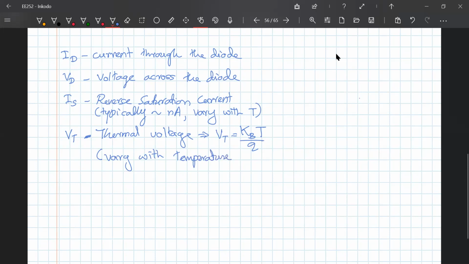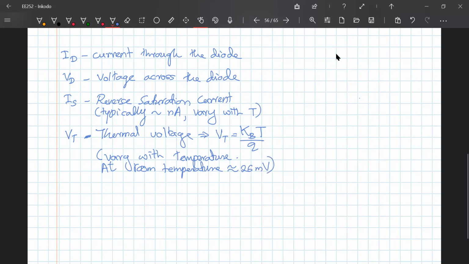But at room temperature, this is basically what we work with, right? At room temperature, you can put the values in, the Boltzmann constant and Q for the charge of an electron, and temperature 25 degrees Celsius converted into Kelvin by adding 273. You will see that this value is about 26 millivolts at room temperature.